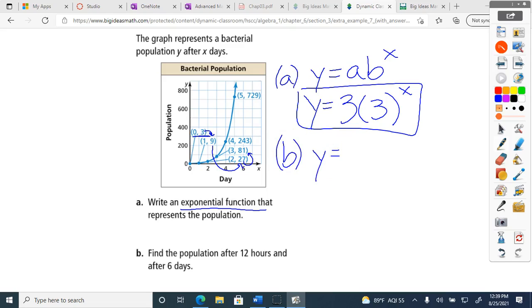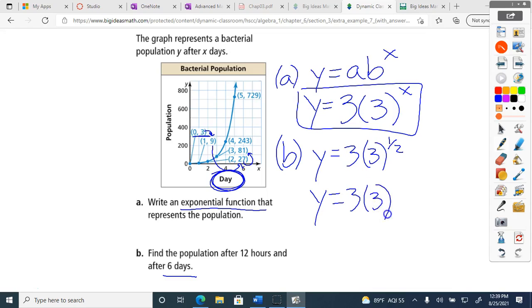Part B. Population after 12 hours. Again, this is the exact same. We're measuring in days here. So 12 hours would be how much of a day? Half of a day. So 3 times 3 to the 1/2. And then they also want to know 6 days. 3 times 3 to the 6th.